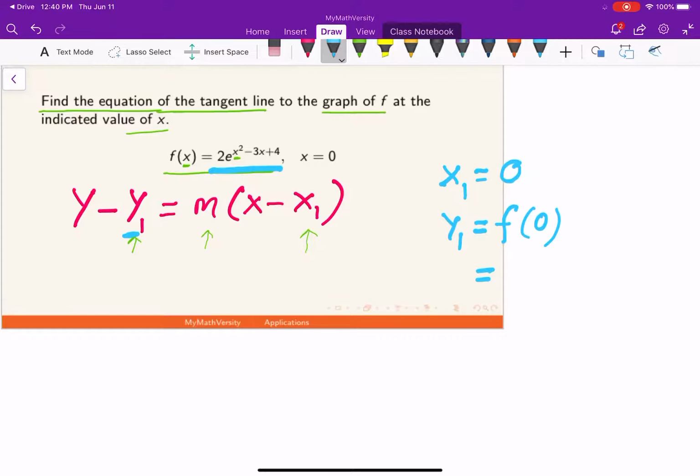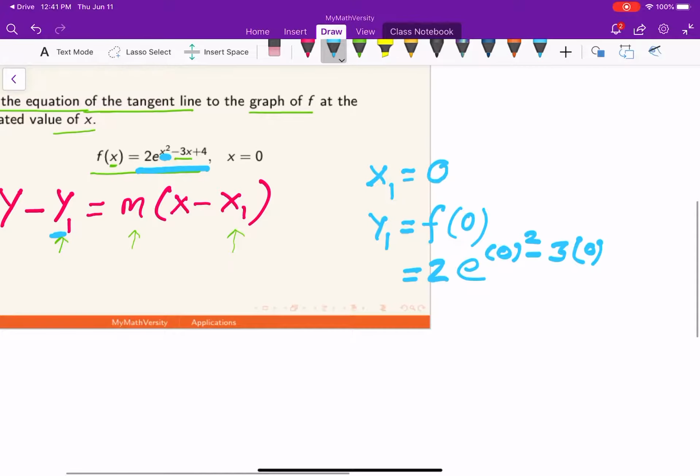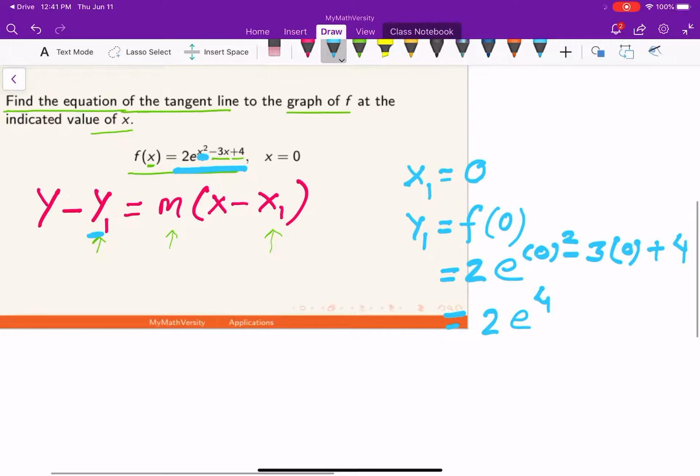So the function is 2 times e to the power 0 square, minus 3 times 0, and then plus 4, and we just write down that constant as it is. So if you simplify this, we get 2 times e to the power 0 square is 0, minus 3 times 0 is 0, plus 4 will be just 4. So 2 times e to the power 4 is the y coordinate of the point of tangency.